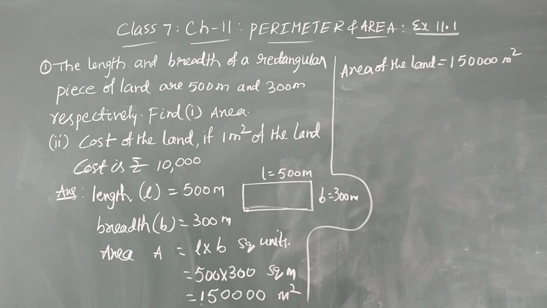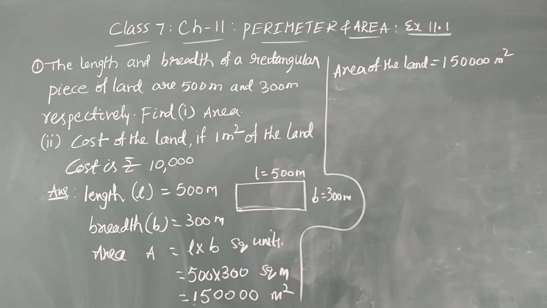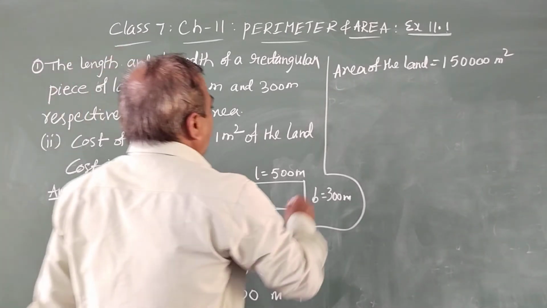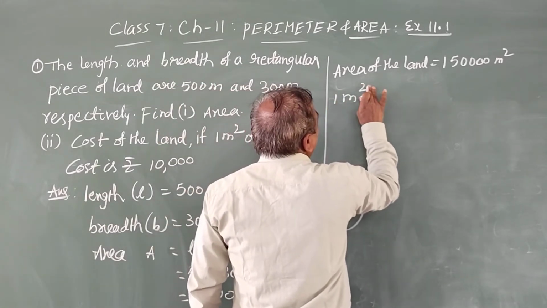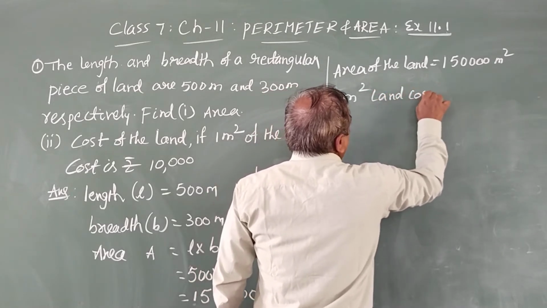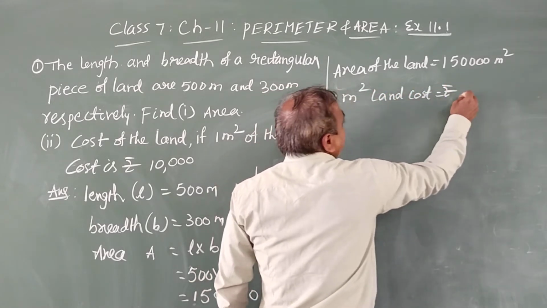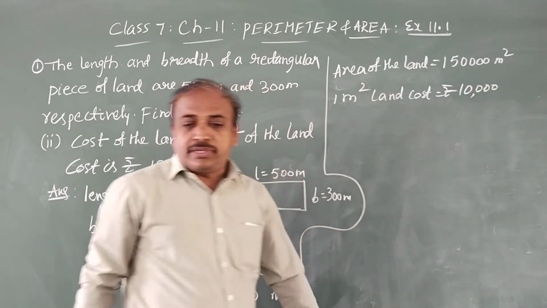Now we are going to find the cost of the land. If 1 meter square costs rupees 10,000, so land cost is equal to rupees 10,000.